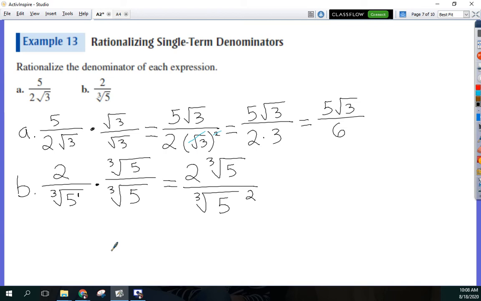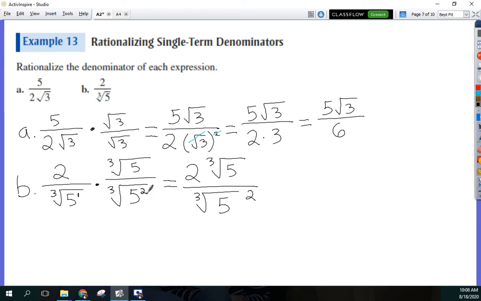Well, it's going to be 1. What's the exponent that I need to get? Well, it's going to be 3. So what does this exponent need to be in order to get there? So we would do 3 minus 1 gives us 2 instead.